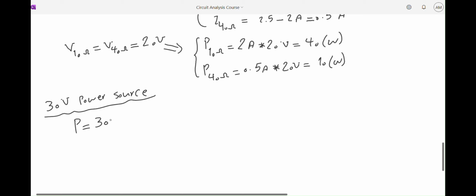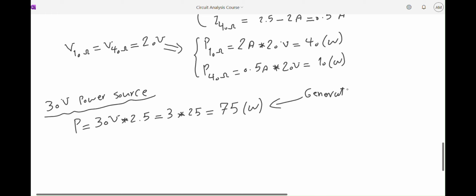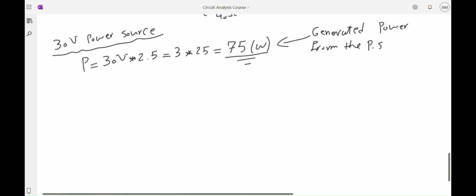Is voltage, which is 30 volt, times current, the main current of the source, which was 2.5 amp. 30 times 2.5 equals 3 times 25, or 75 watt. This is the generated power or delivered power from the power source. So I have a total of 75 watt from the main source.